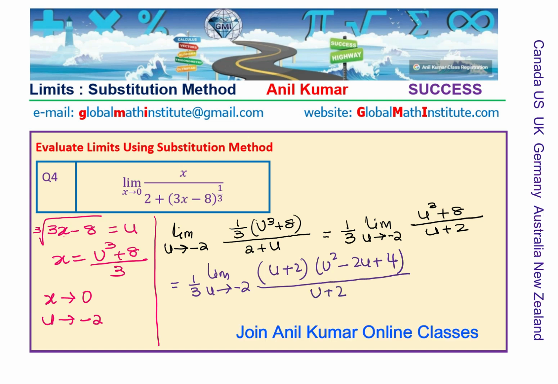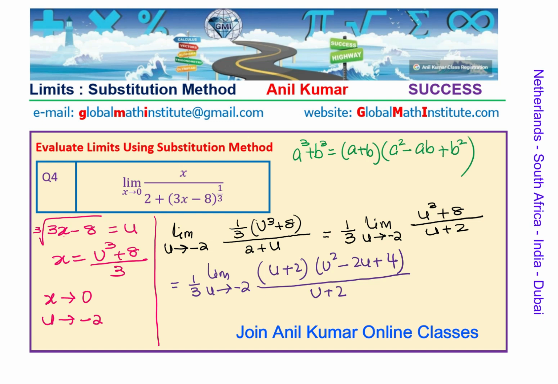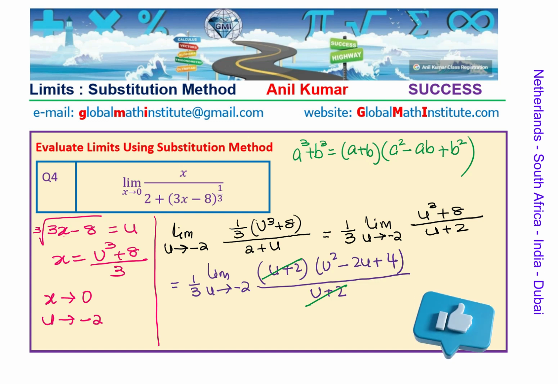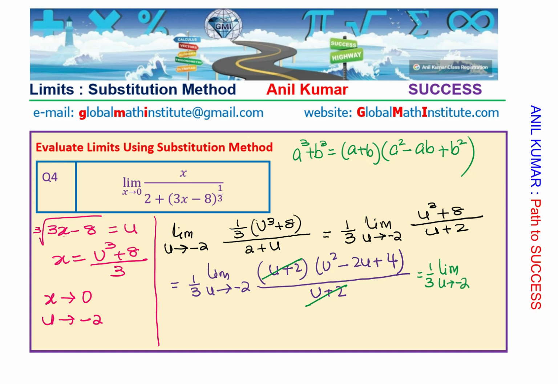Let's write the formula: a cube plus b cube is a plus b times a square minus ab plus b square. So we adopted this method, and 2 square is 4. As you can see, u plus 2 cancels, and so we are left with 1/3 of the limit as u approaches minus 2 of u square minus 2u plus 4.